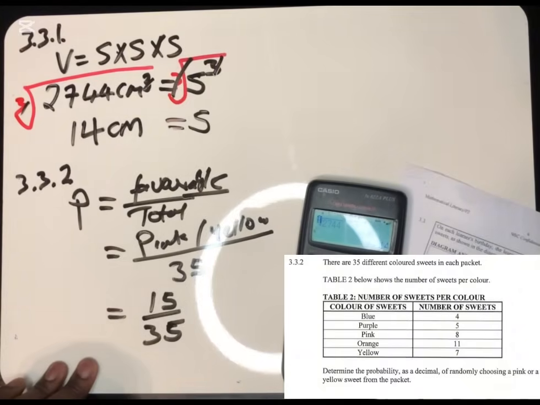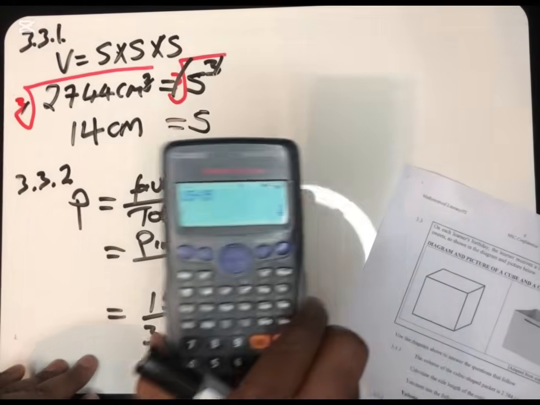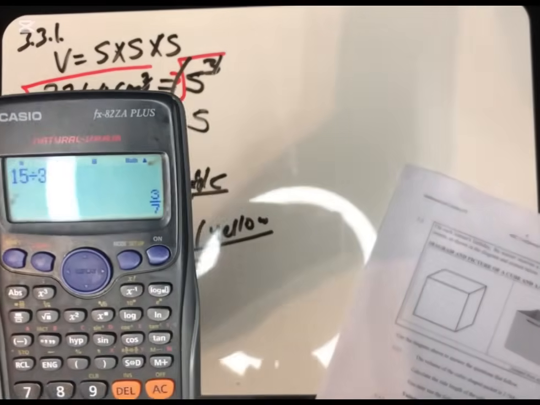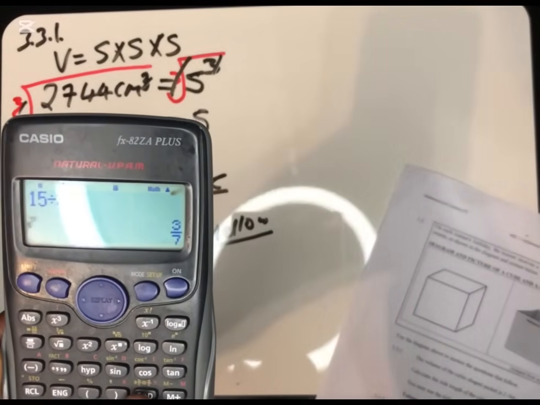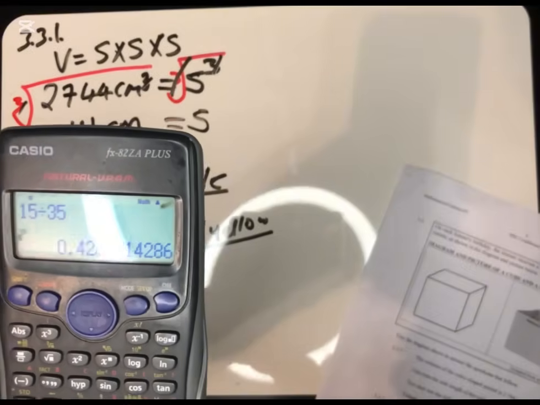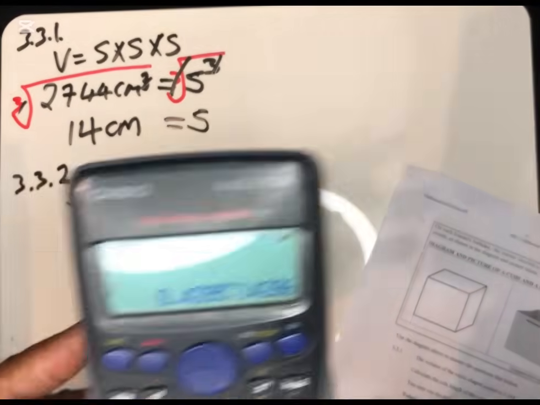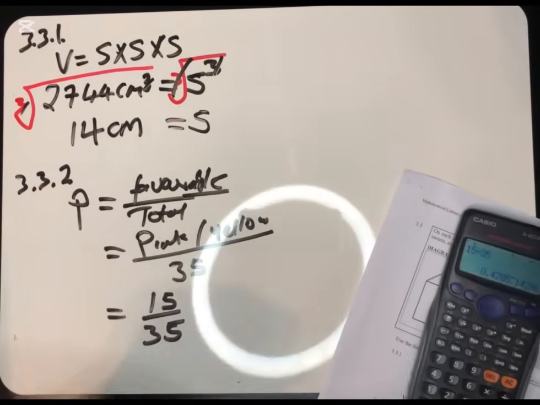You say 15 divided by 35, it gives us 3 over 7, and then you press this SD. It will give you this as decimal, 0.4285714286. They said as decimal.